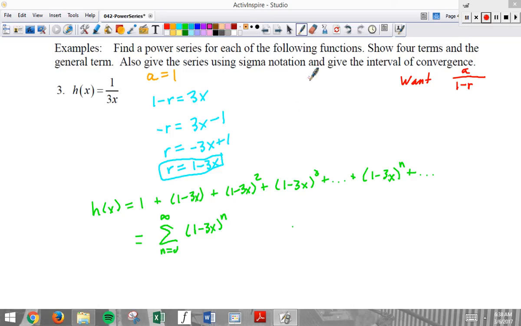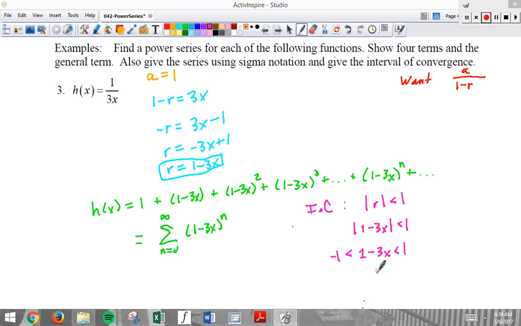Interval of convergence. I want the absolute value of r to be less than 1, and I'm not even kidding. I'm pretty sure this is the one you would struggle with the most. I'll make this 1 with a flag. 1 minus 3x is less than 1 and bigger than negative 1.